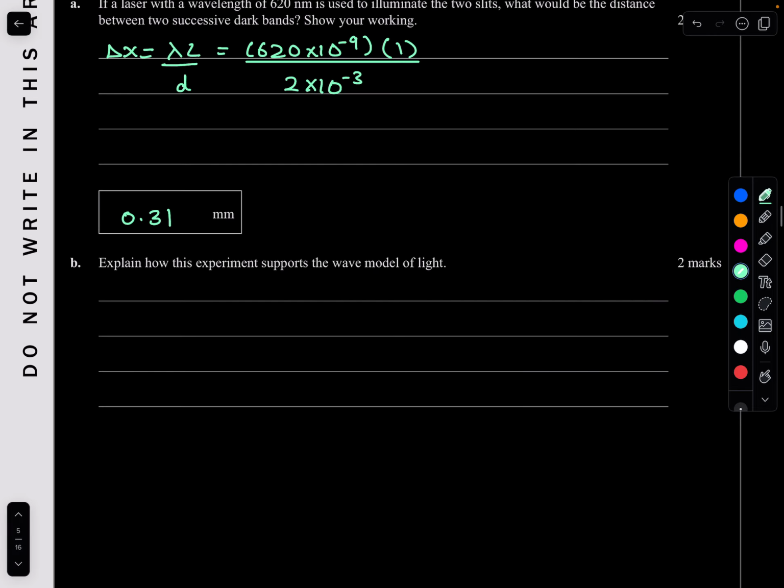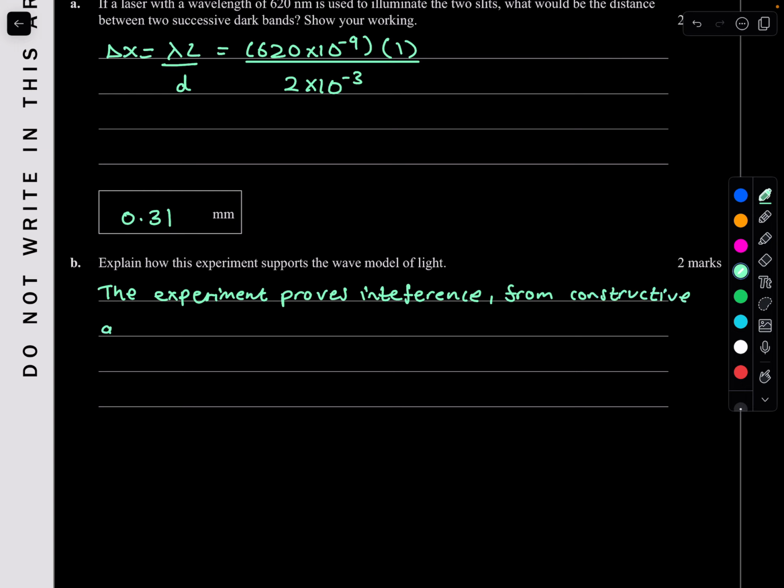So I'm going to write that down. The experiment proves interference from the constructive and destructive interference patterns.